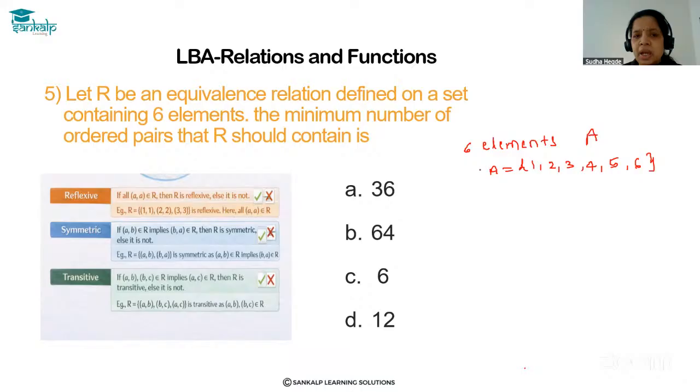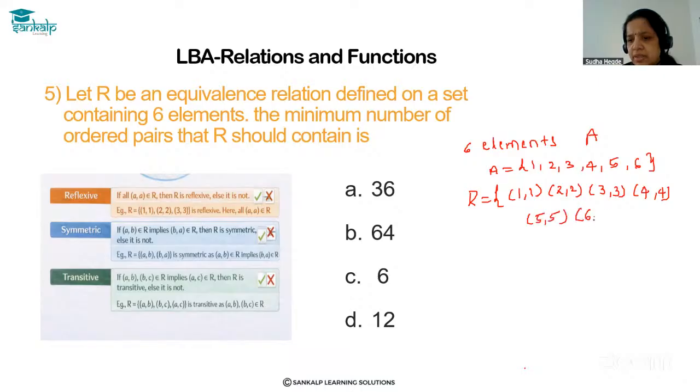Now, to be an equivalence relation, R should be reflexive, correct? So, let us take the elements which satisfy the reflexive property. So, (1,1), (2,2), (3,3), (4,4), (5,5), (6,6).